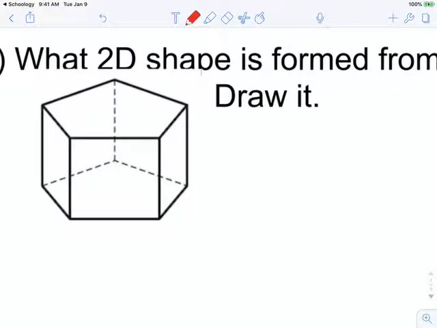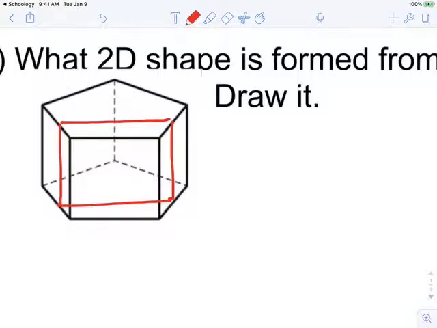Let's see. Let's draw it. That one comes down, goes across. Does that look like a rectangle, a square, or what? What do you guys say? You think it's a square? Yeah. I don't know. I kind of disagree. I think it'd be a rectangle.